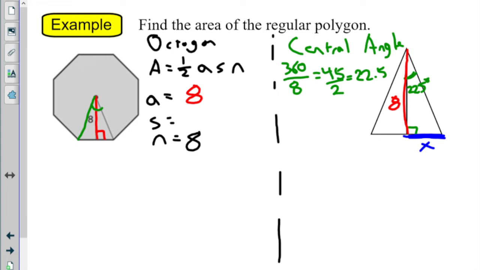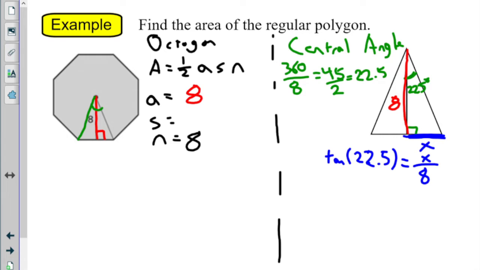So we have the tangent of our angle. That's 22.5. And opposite goes on top, adjacent goes on the bottom. So that's our fraction.